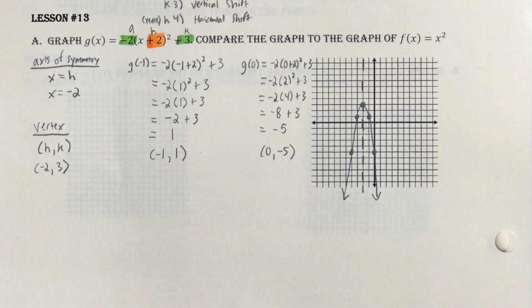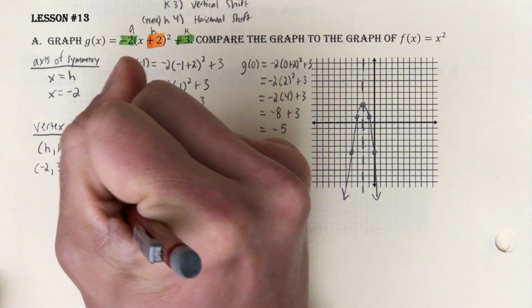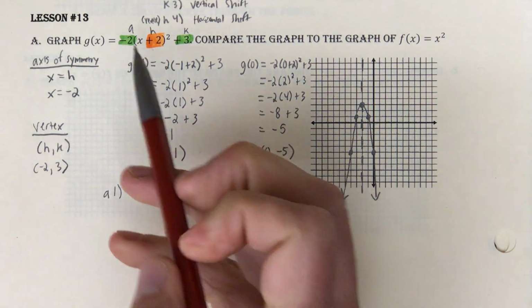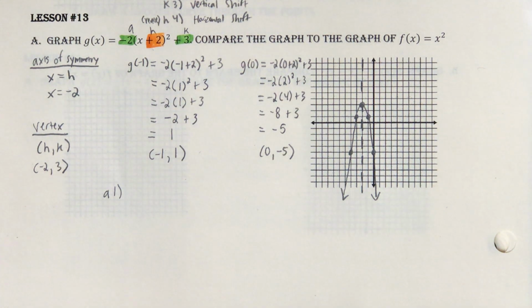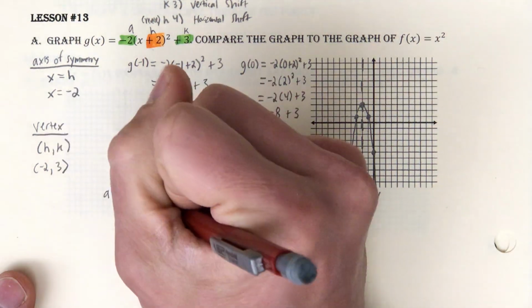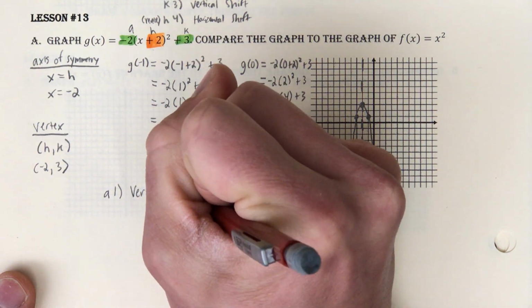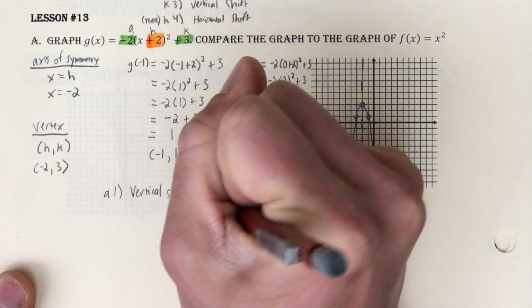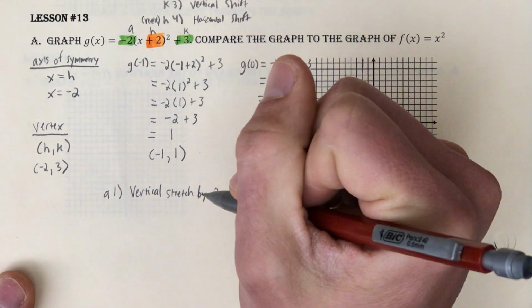And then last step is we need to compare that graph to the graph of f of x equals x squared. So first thing we're going to compare here again is the a. So a was a 2, because remember the negative isn't a part of it, so a was 2 and 2 is greater than 1, so this was a vertical stretch by 2.